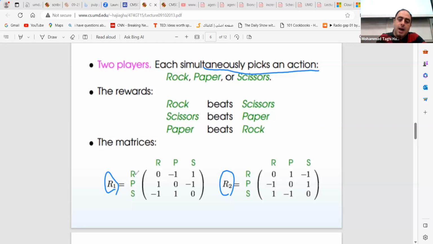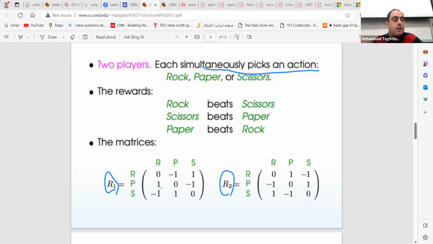So here we have two matrices, R1 and R2. And again, rock, paper, scissors, rock, paper, scissors. If it is rock, rock, that means a tie. Paper, rock means 1, and scissors, rock would be -1. Anyhow, the concept of the payoffs is represented in this case for these two people.